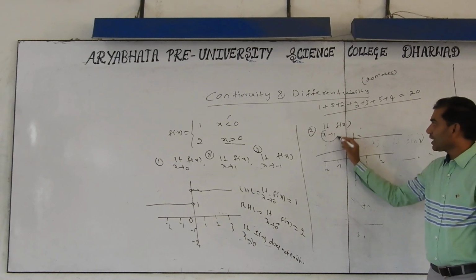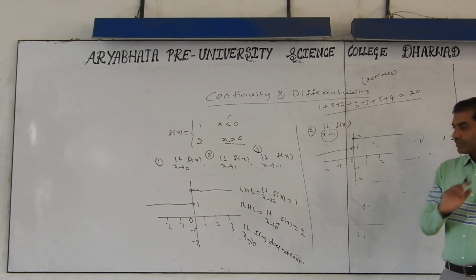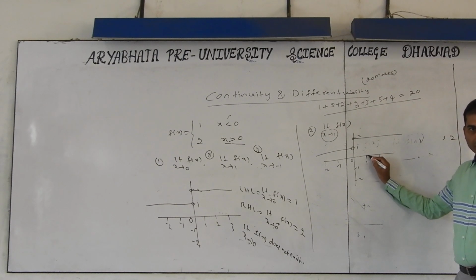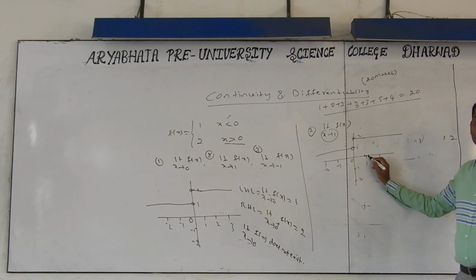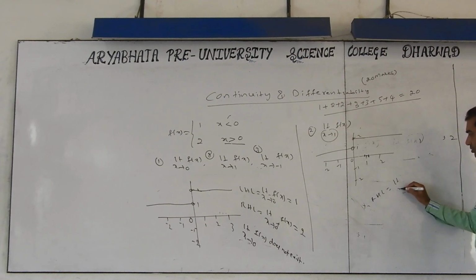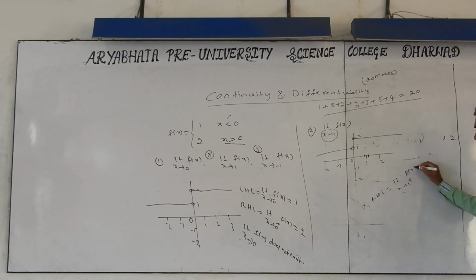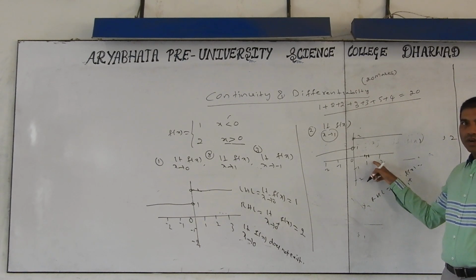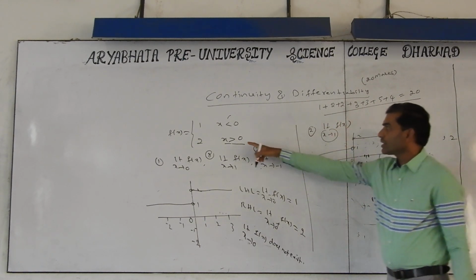We are going to find the limit at what point? At 1. Tell me the analysis at 1. This is the right neighborhood of 1, and this is the left neighborhood of 1. Right neighborhood of 1, value 1.1. So RHL: limit as x tends to 1 plus of f of x. The right neighborhood of 1 comes under this.